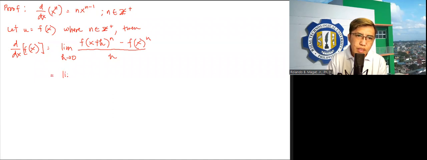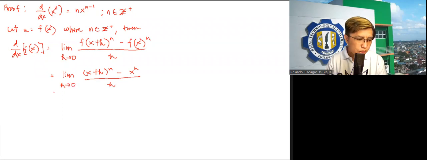This is the limit of x plus h to the nth power minus x to the nth power all over h as h approaches 0. Since this one is a binomial, what we're going to do is use the binomial theorem.